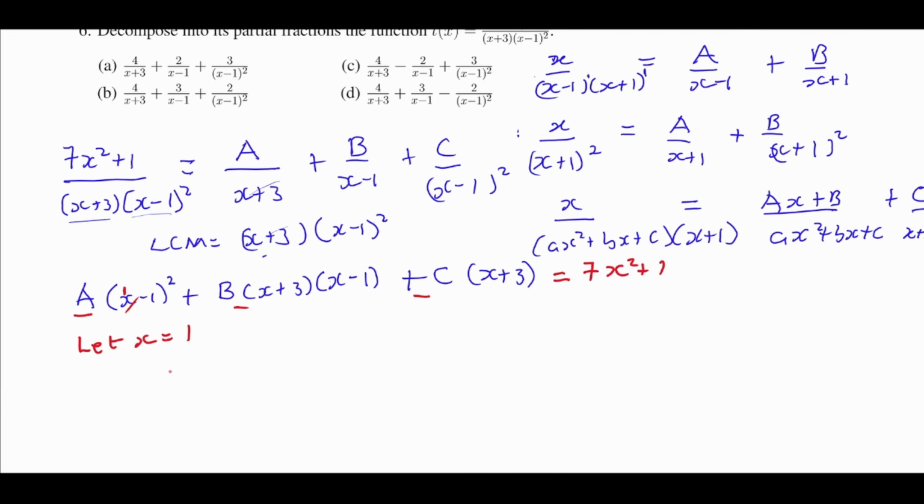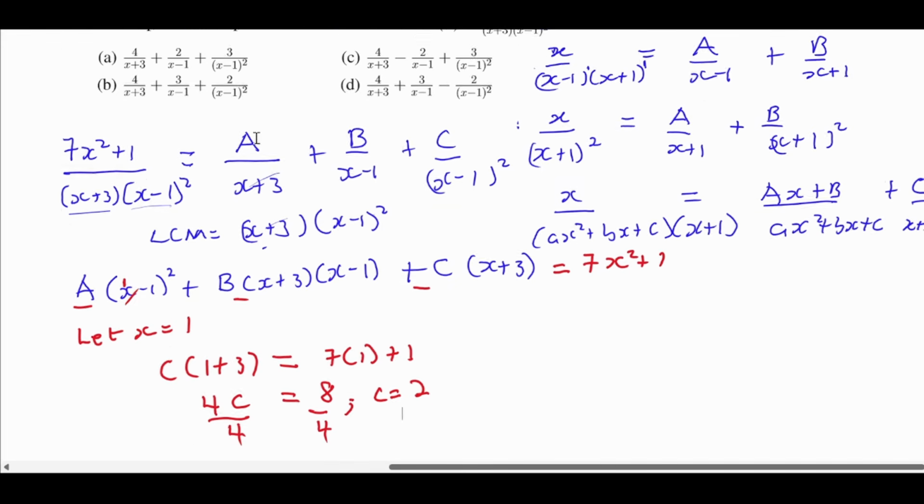So we have C(1 plus 3), and that will be equal to, if I put 1 here, 7 into (1 squared plus 1). So if I do that, I have 4C equal to 8. I divide through by 4, and I'll get C equal to 2. So I have my C now.